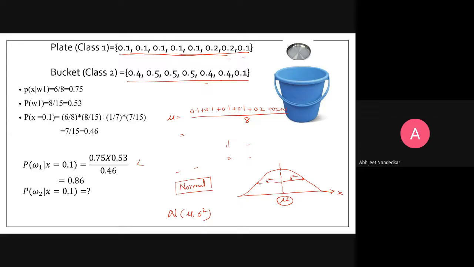If this is done for omega 1, I can assume again a normal distribution for the second group. I can do this for class 1 and class 2. Now what is the advantage?